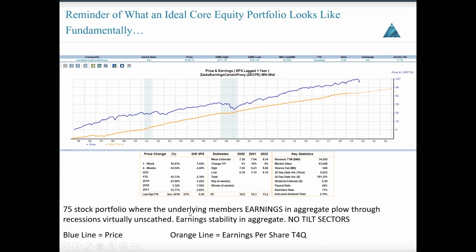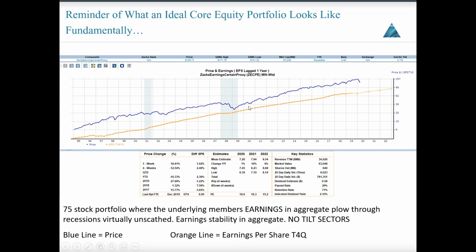Okay? We do this by building the 75 stock portfolio. We stick to very, very strict rules in terms of earning stability, length of history, the quality of the fundamentals. There are no tilt sectors ever in our core equity position.